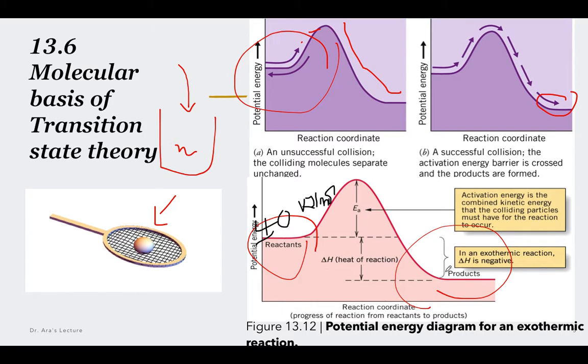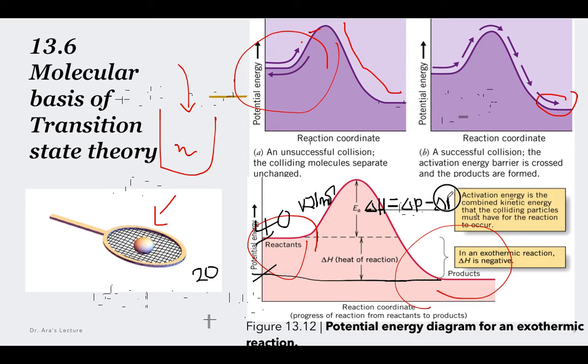But if we look at the product and see the change of energy, let's consider this is 20. So it seems that we have the equation del H equals energy of product minus energy of reactants.